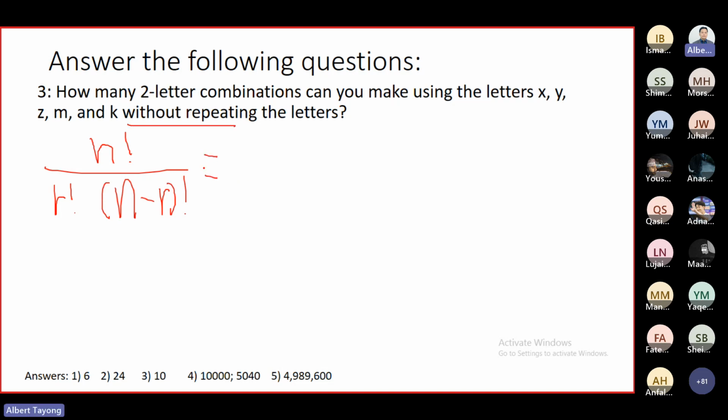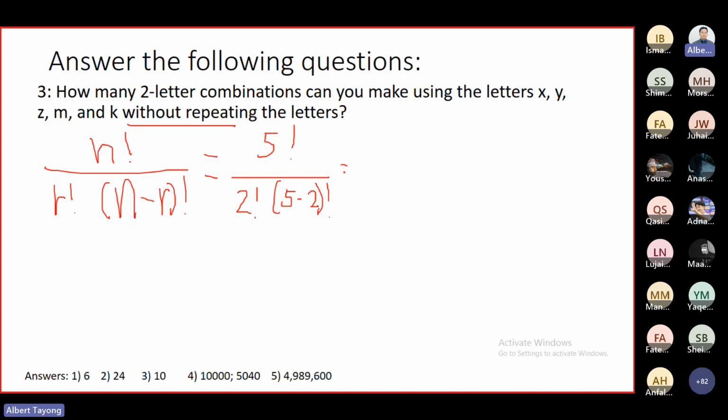So our n is 5. 5 factorial over, we have 2 factorial because you have 2-letter combinations. And we have 5 minus 2 factorial.